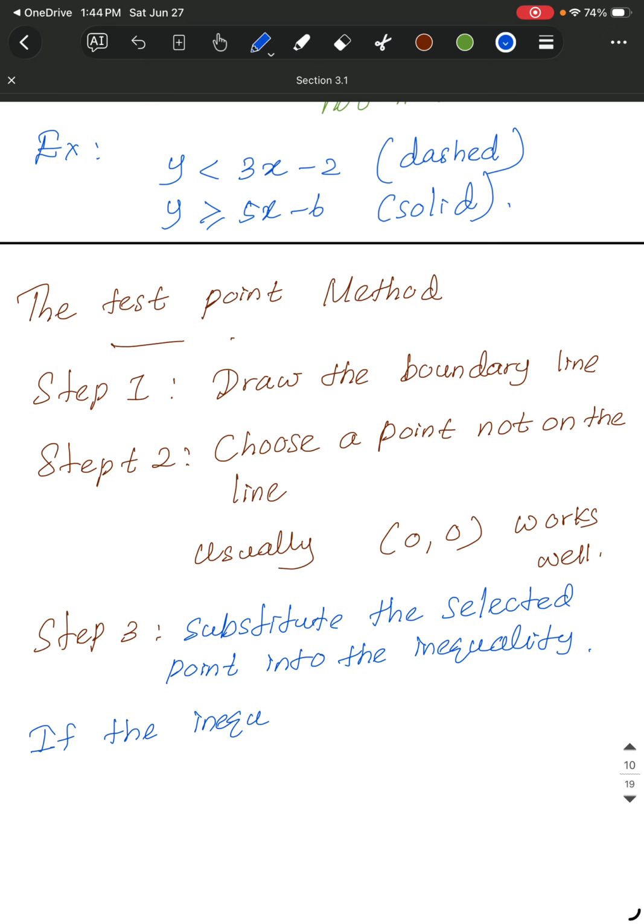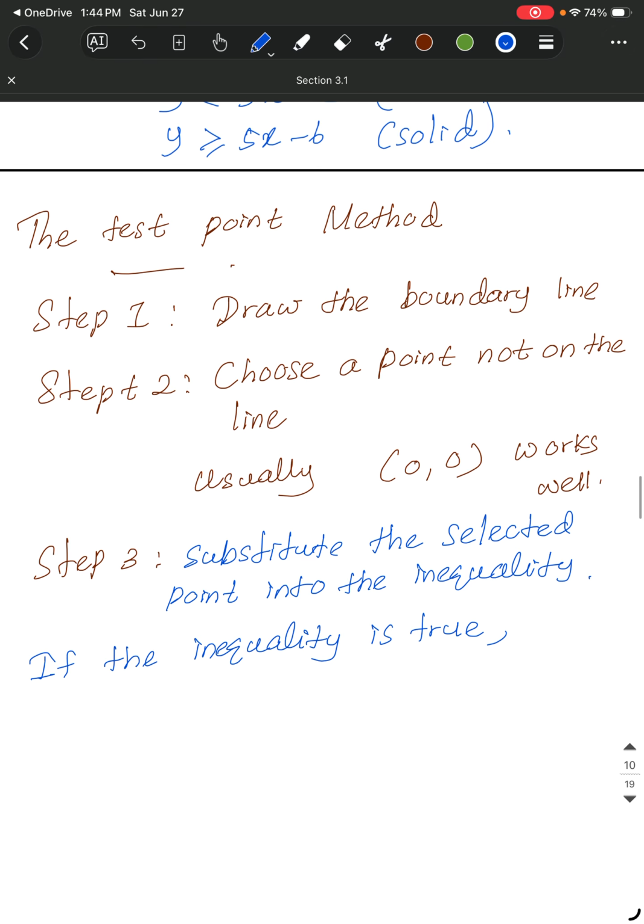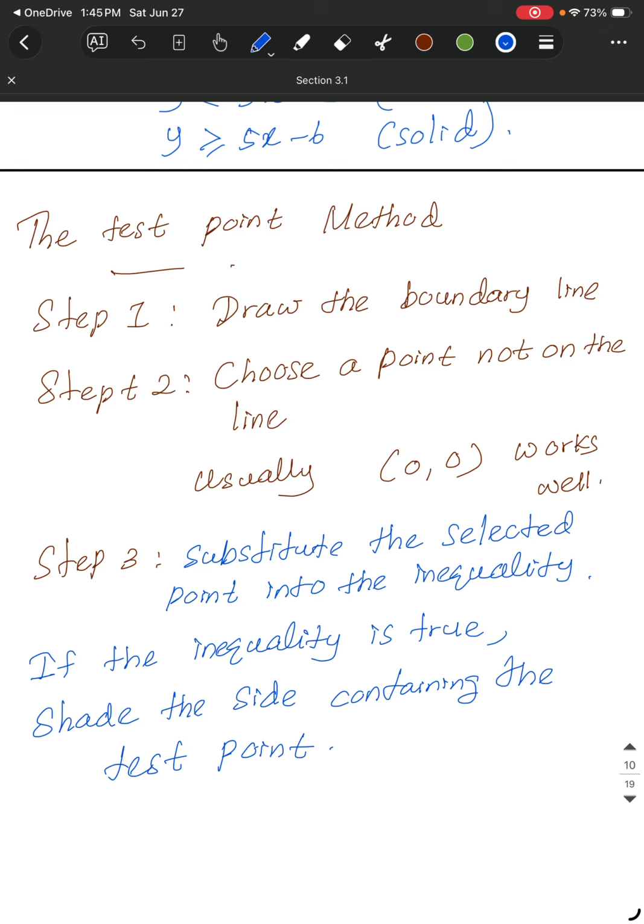If the inequality is true, shade the side containing the test point. If false, shade the opposite side.